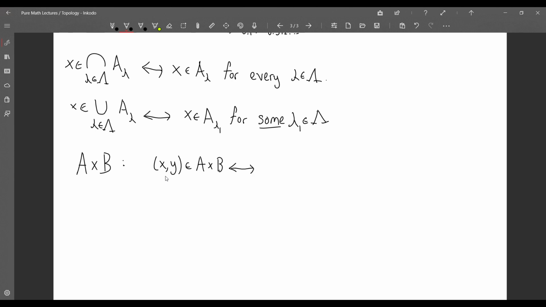So what it means to be an element of A times B means you have an ordered pair x and y such that x is in A and y is in B, right? And there are some other theorems in the text about taking products of unions and intersections and sort of swapping the two. That's a good exercise to look at.